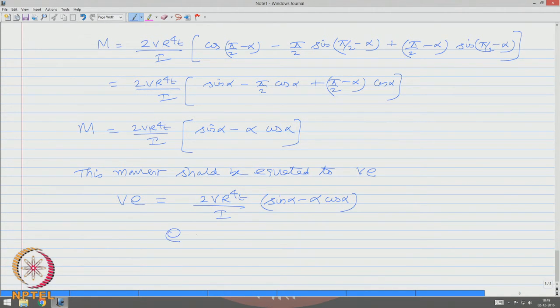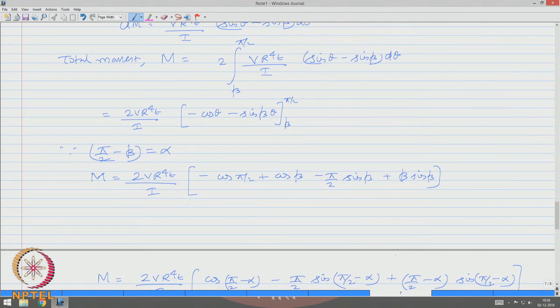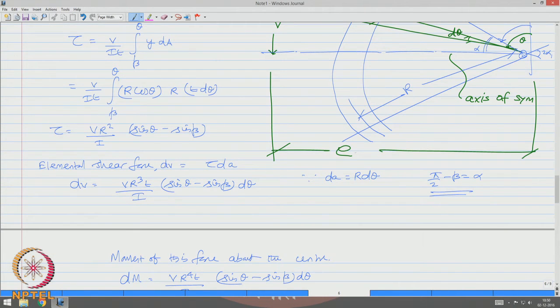So, one can now find E as 2 r 4 t by I, sin alpha minus alpha cos alpha, provided we know how to compute the moment of inertia for this segmental piece, we will be able to compute the shear center distance from the center of curvature as shown here.